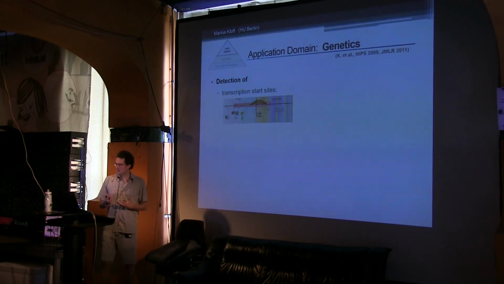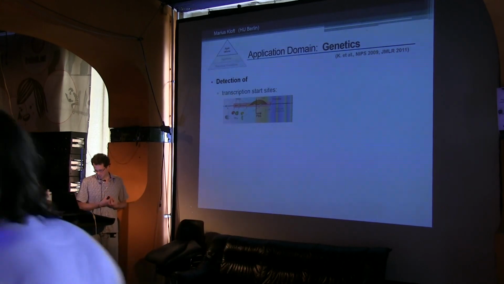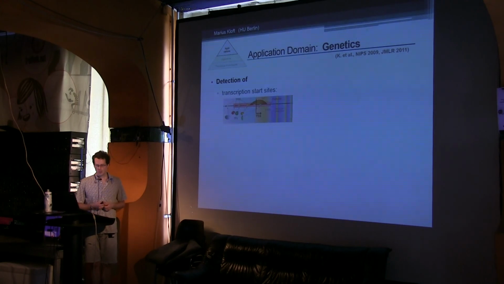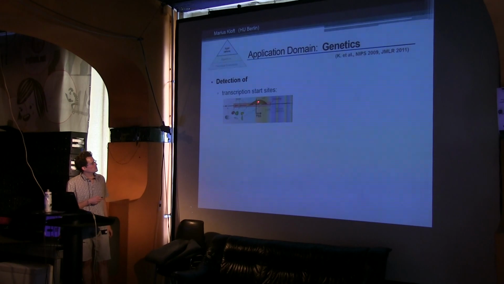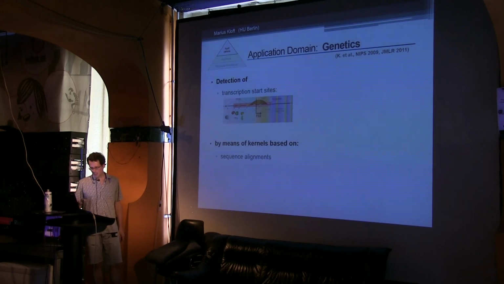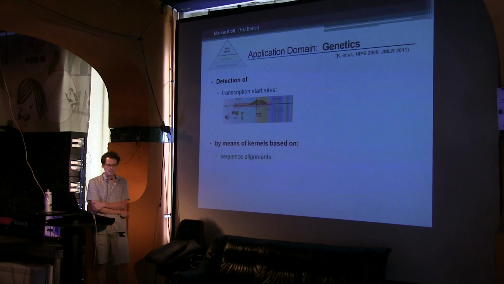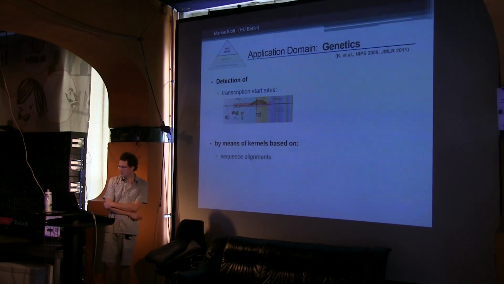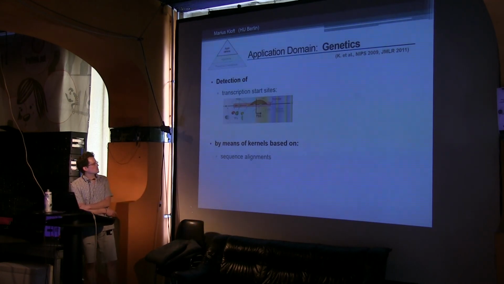But in a simplified description, the genes are the things we are looking for in the DNA, and one particularly interesting position is the start of the gene, the TSS. We have tried to find these gene starts by using various feature representations.